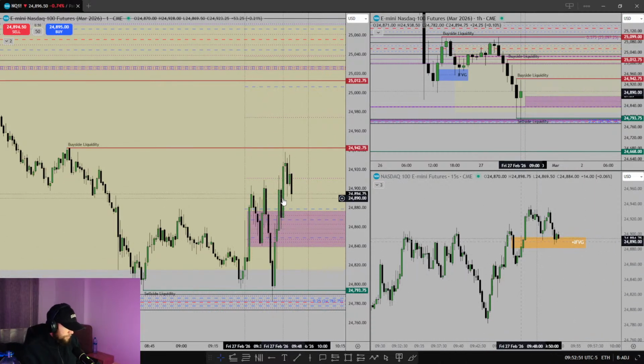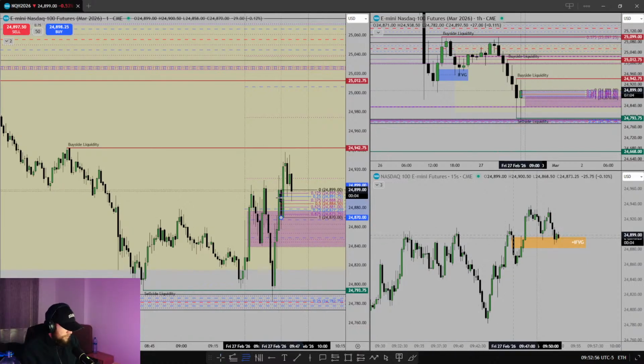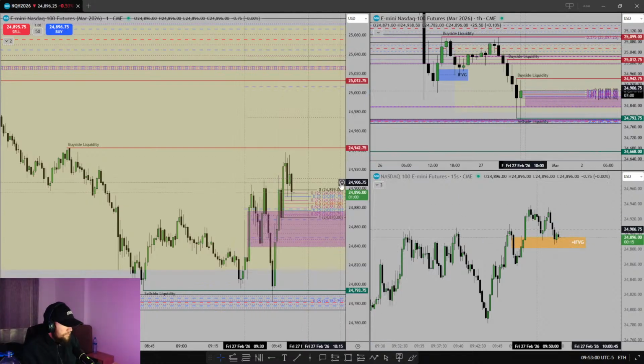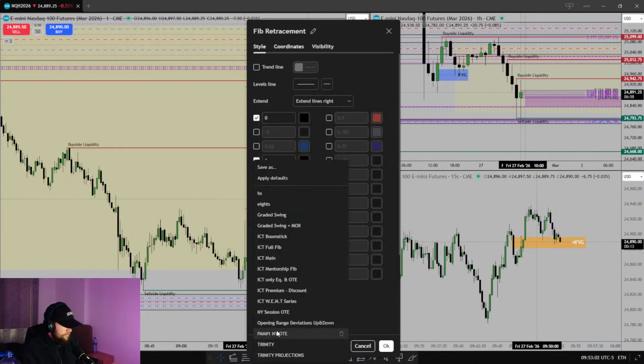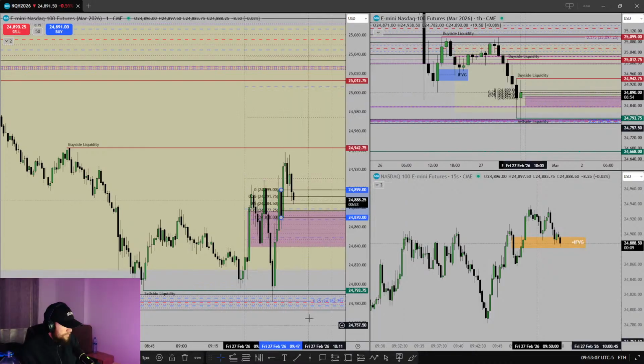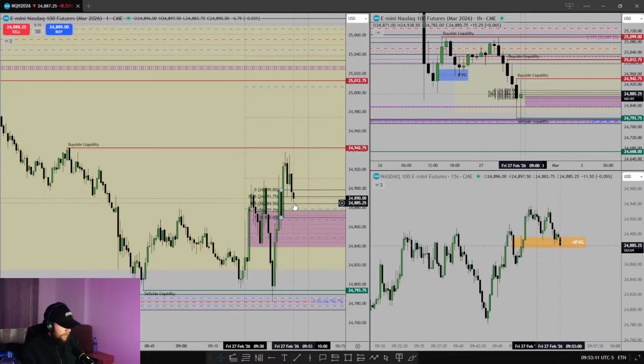I'm watching the 1 minute order block, the mean threshold here, as my last discount array. If the midpoint of that is not going to hold price, then I'm sitting still.